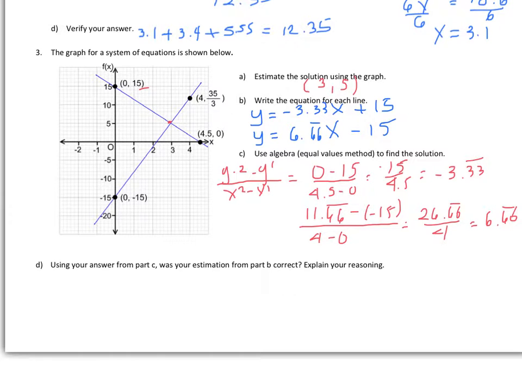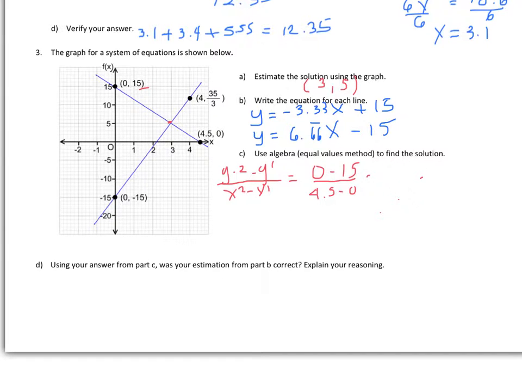Okay, I'm going to erase my calculations for the slope so I have room to do my algebra for my equal values. All right, as we know, equal values simply says I have to make these two equations here and here equal to one another and then solve for x and then plug that back in for y.